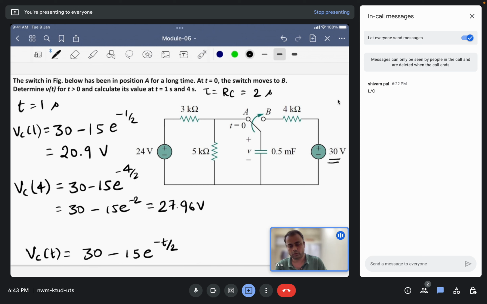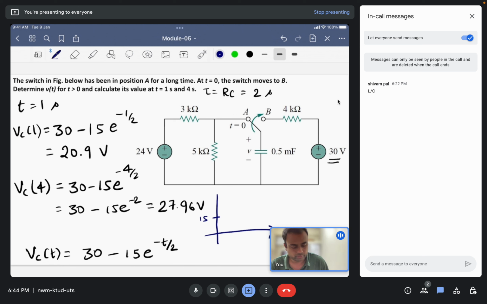So if we draw the voltage curve here, it should look like this. At time equals to 0, we have 15 volts. If you substitute t equals to 0, this part will become minus 15, so 30 minus 15 will become 15 volts. Along the x-axis we have time.